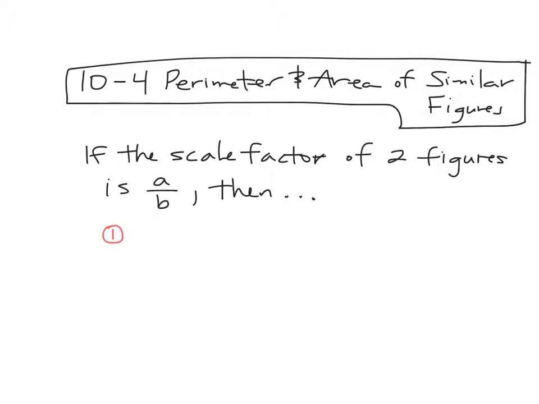So then the perimeter ratio is A to B. Okay, so the scale factor and the perimeter ratio are always the same thing. Here's a little example for you of how this works. You don't necessarily need to draw this. I just want you to understand what's going on here.